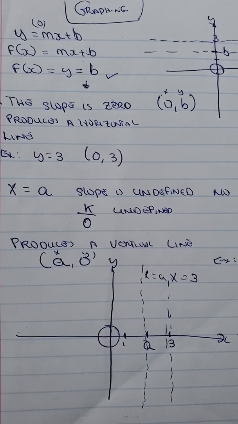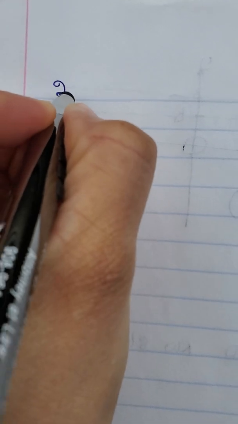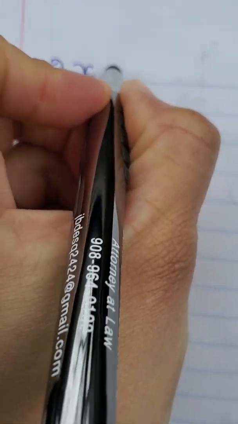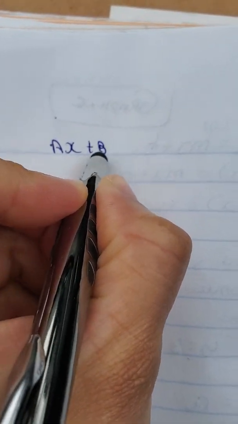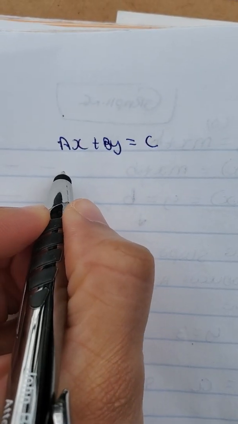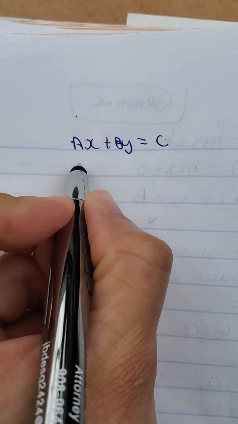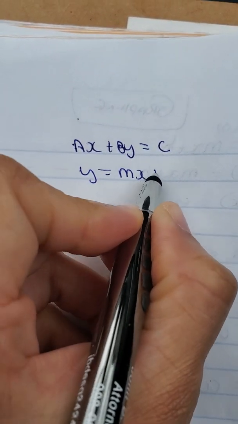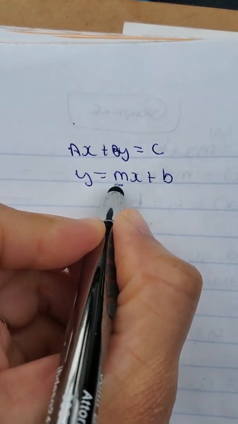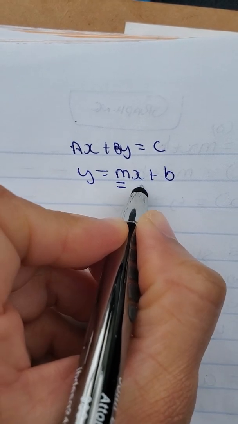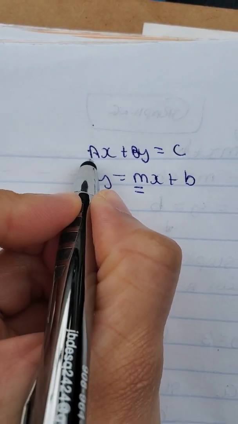So here we go. Let's say I have an equation that I'm asked to graph, and it's set up in the general form. There are 2 forms your equation could be set up in. It could be set up in the general form, which is ax plus by equals some type of constant, or it could be set up in the slope-intercept form, which is y equals mx plus b, where it shows you the slope, which is the coefficient of x, not to be misconstrued with a.